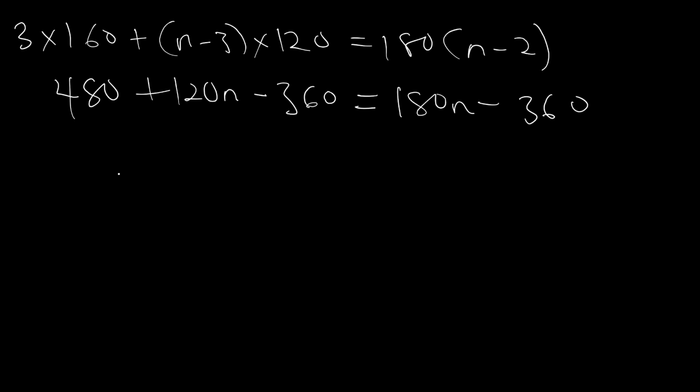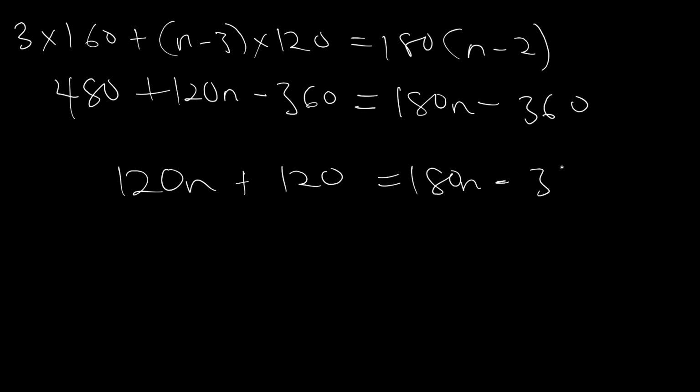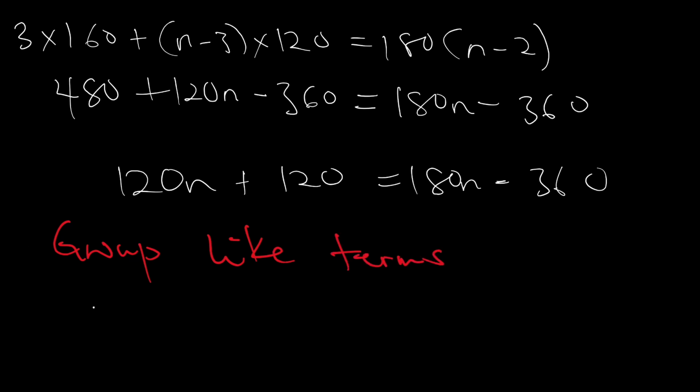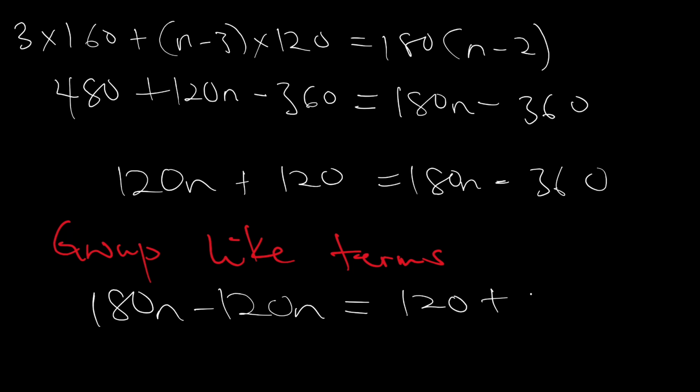So we have 120n plus 120 is equal to 180n minus 360. So when we group like terms, we'll have minus 120n is equal to 120 plus 360.